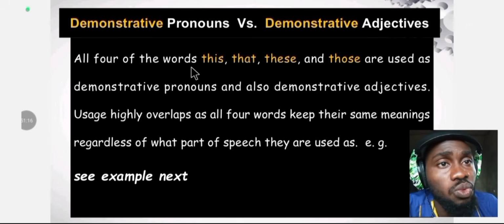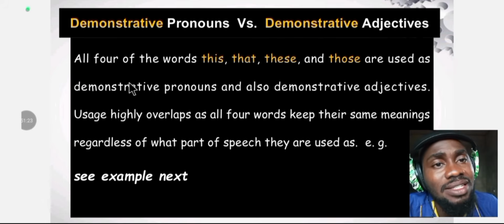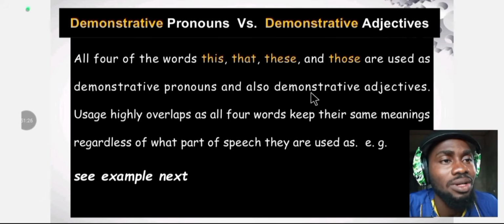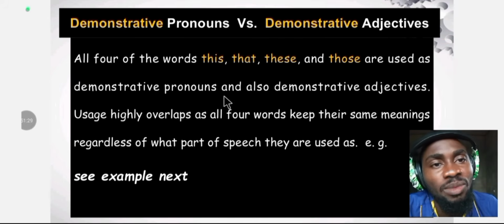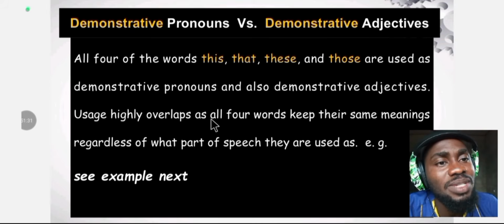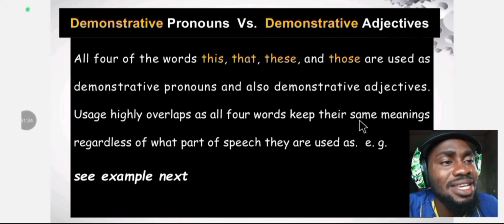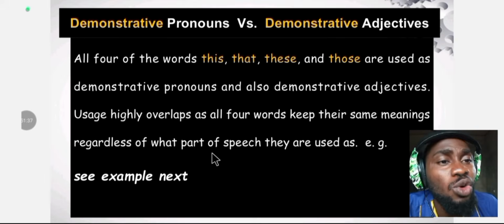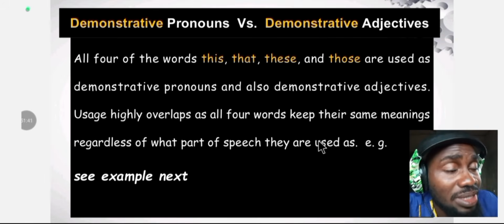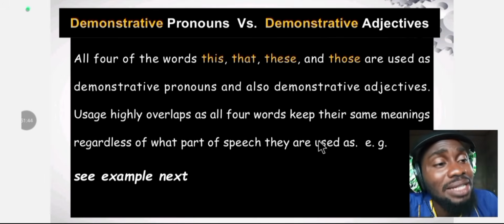All four words, this, that, these, those, are used as demonstrative pronouns and also demonstrative adjectives. Usage highly overlaps, as all four words keep their same meanings regardless of the part of speech they are used as.